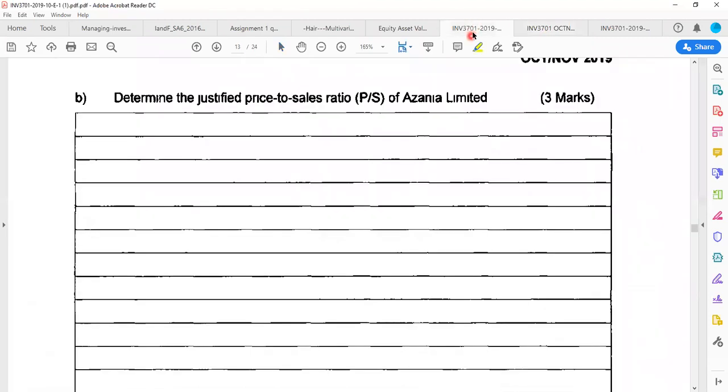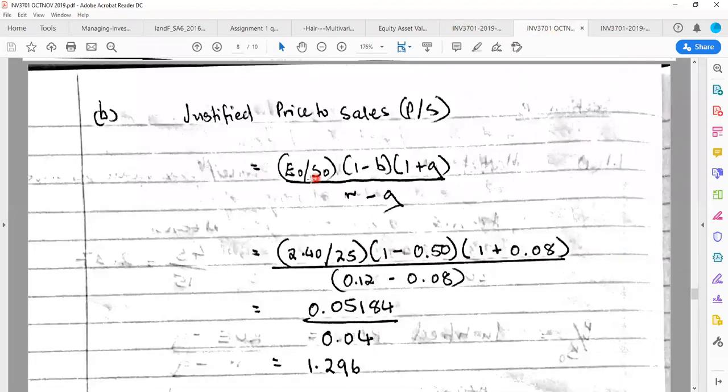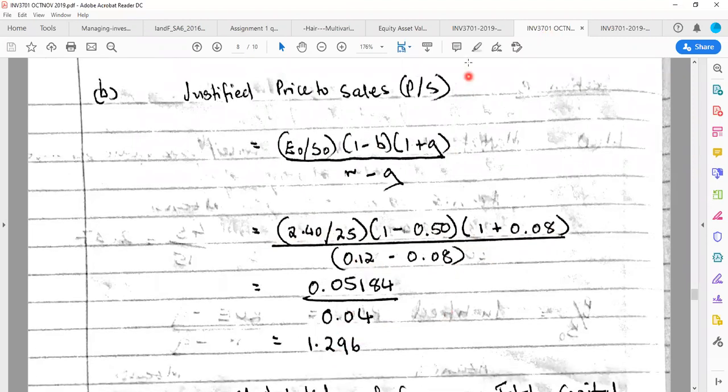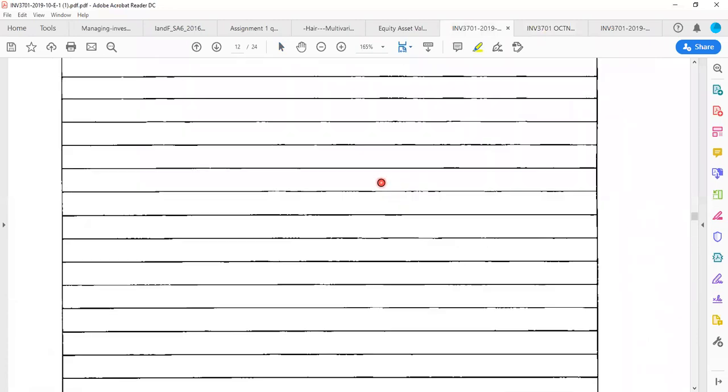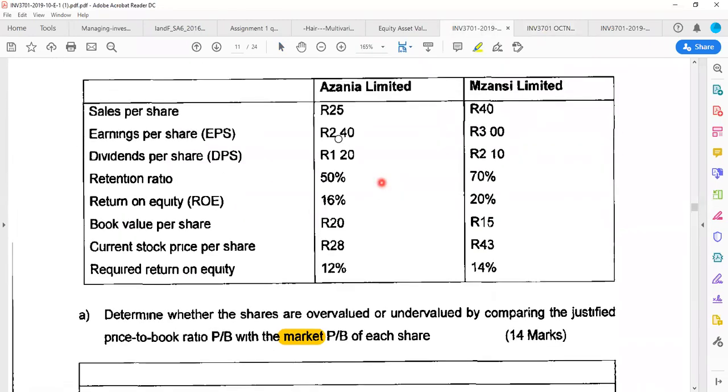They asked us to calculate for Azania. We take the earnings per share over the sales per share multiplied by 1 minus retention, multiplied by 1 plus growth over the required return minus growth, and then we calculate that. It's just a simple calculation for Azania, right? So we're just taking the information in this column, identifying anything that you need to identify carefully.